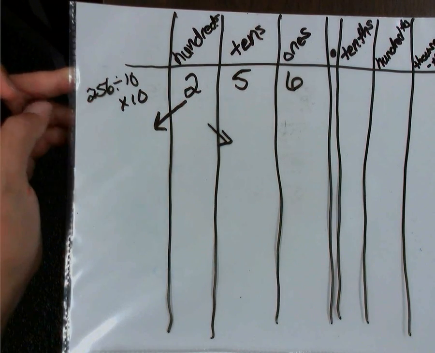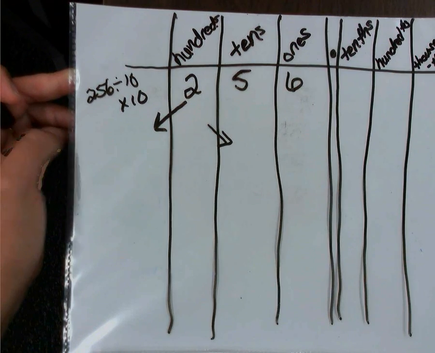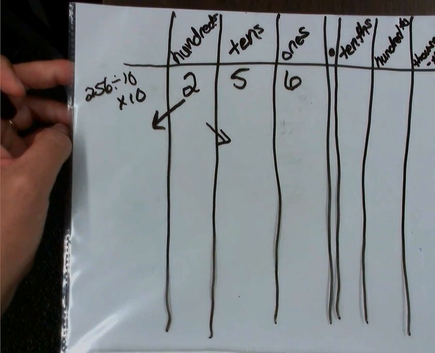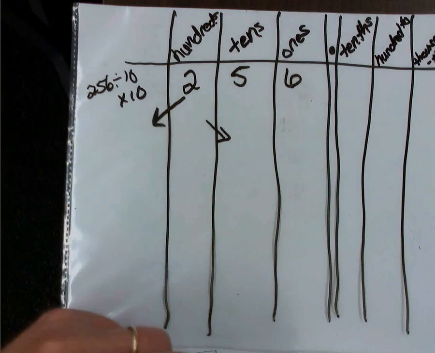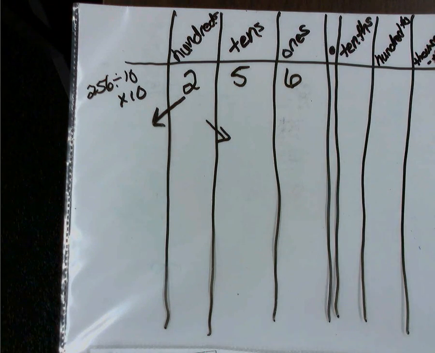If you are multiplying, it's going to become 2,560. So as you're doing tonight's homework, think about how many place values it is going to move, and is it going to move in the positive, bigger direction? Is the number going to grow, or is it really going to shrink?